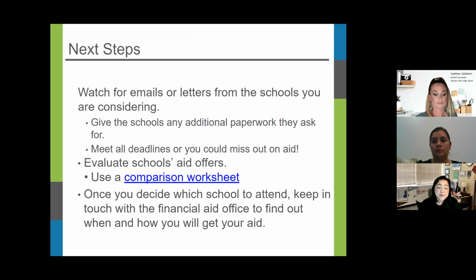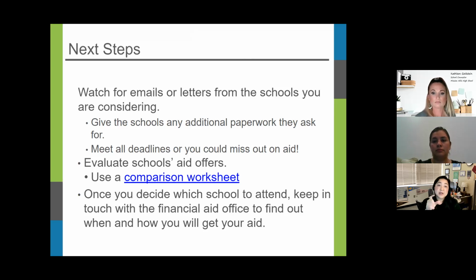When it comes to evaluating school aid offers, there's a link here to a comparison worksheet. So for example, after you submit your financial aid application and after you've applied to college, the college will get back to you and basically share with you a financial aid award letter or something in their portal that will break down the cost of attending their school based on the financial aid information that you gave them.